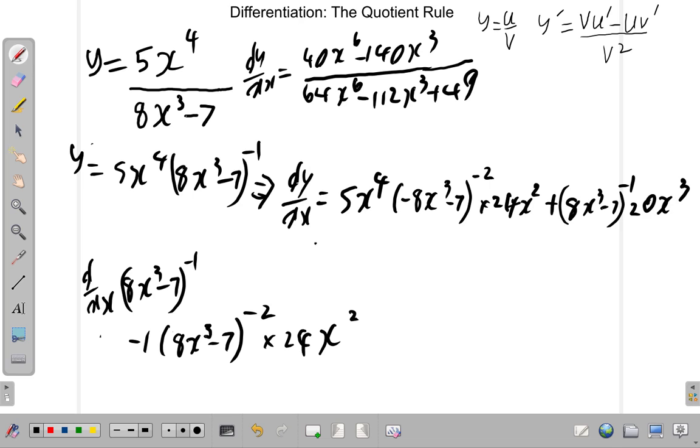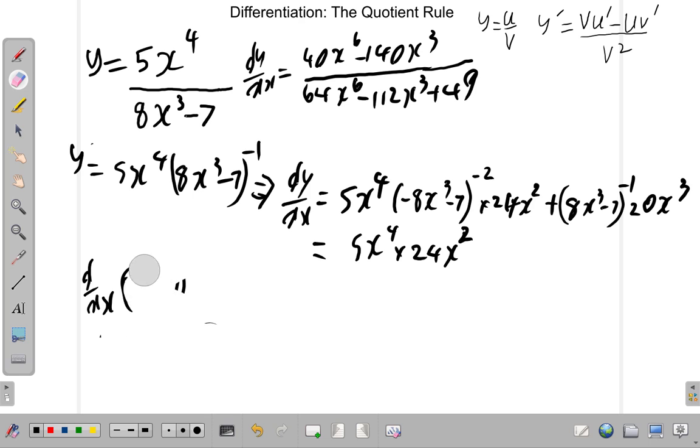Alright, so that's what you have. After that, you have 5x to the 4th times 24x squared. I'll leave this out because I'm going to put it below. It's raised to a negative power, so I'm going to put it below, right?